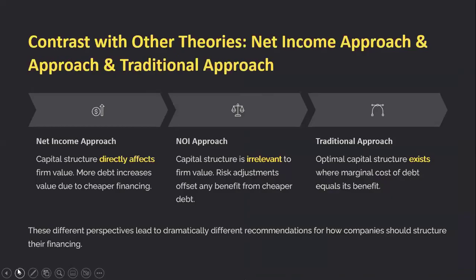So if I compare this with net income approach, net income approach says the composition of debt and equity will make an impact on overall capital. But as per net operating income, operational efficiency is the only important thing.